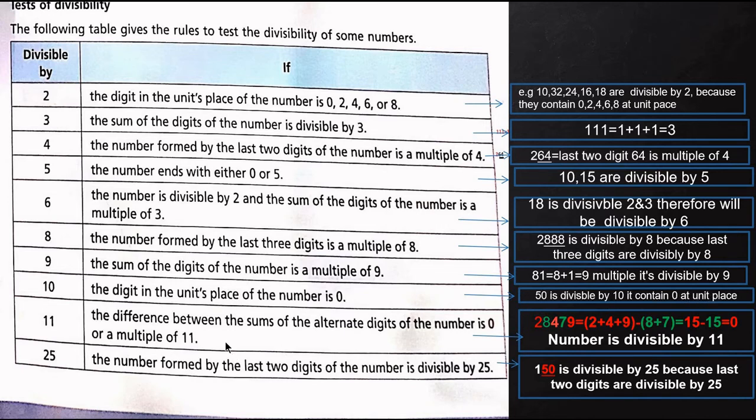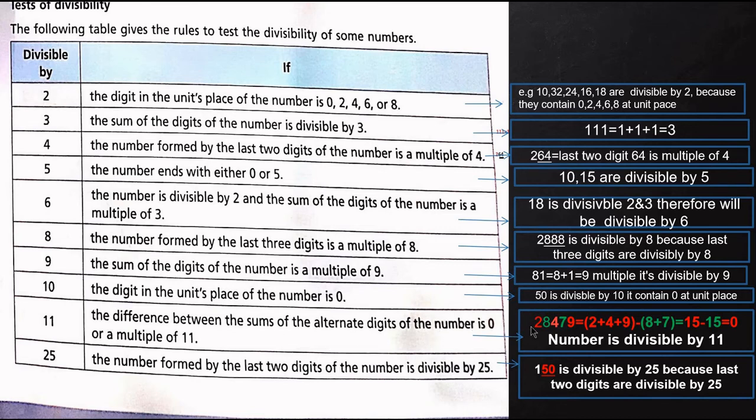This is important and a little bit difficult. Understand it carefully. Divisibility test of 11: the difference between the sum of alternate digits of the number is 0 or a multiple of 11.